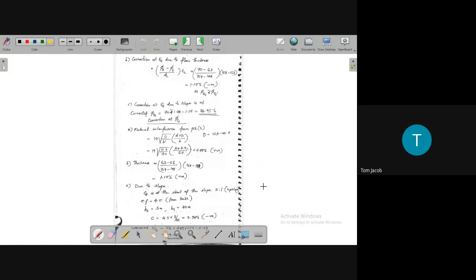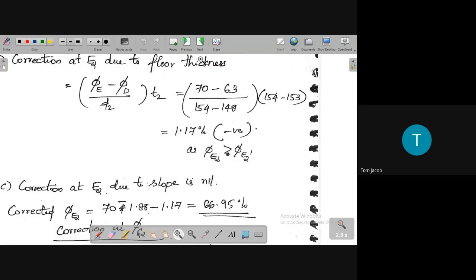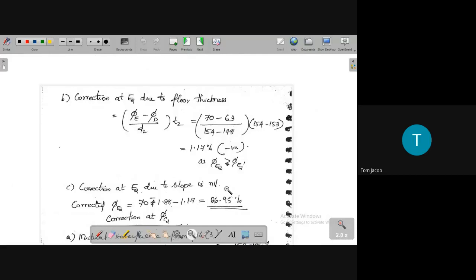Correction at E2 due to floor thickness. For that, we have simply phi E minus phi D by D2 into D2. Phi E is 70, phi D is 63. So either you can simply directly take it like this, or you can use a figure also.